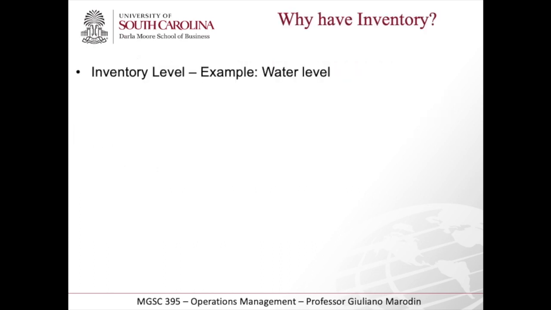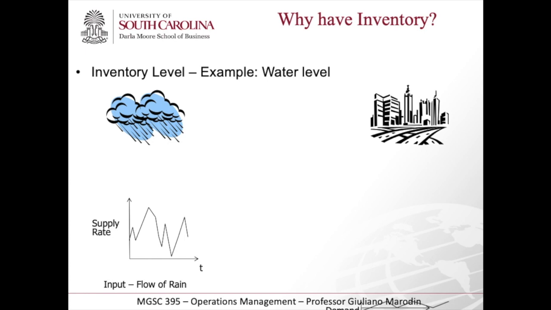Okay, so here's just an example of an inventory and why we need inventory, right? Let's say that we have rain that falls a certain amount every month or year or week, and our demand also occurs on a daily basis, right? Every day that we need water.